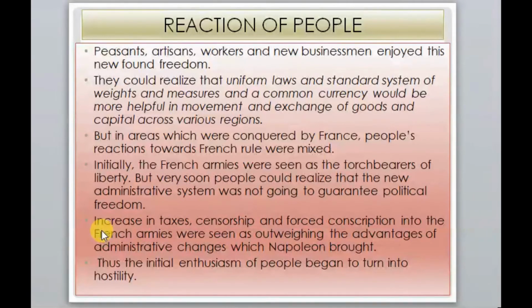Taxes were increased, censorship was imposed on the press, and forced recruitment of soldiers into the French armies were seen as outweighing the advantage of administrative changes which Napoleon brought. Thus, the initial enthusiasm of people began to turn into hostility.